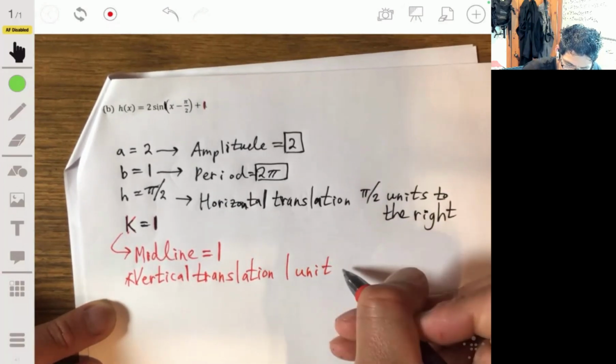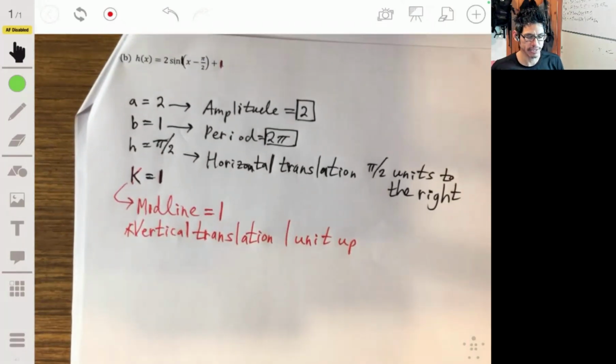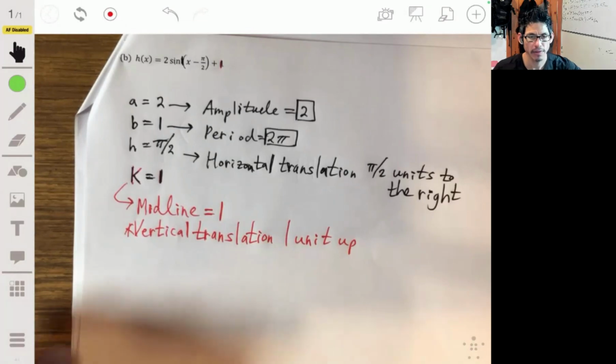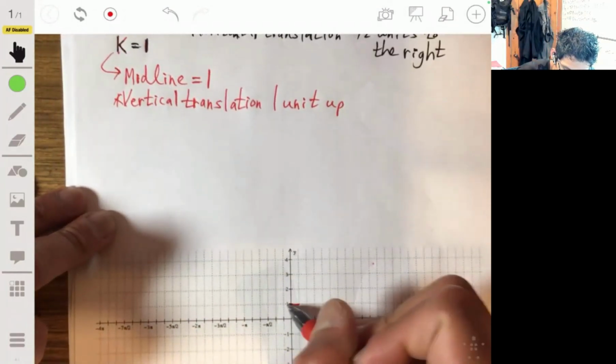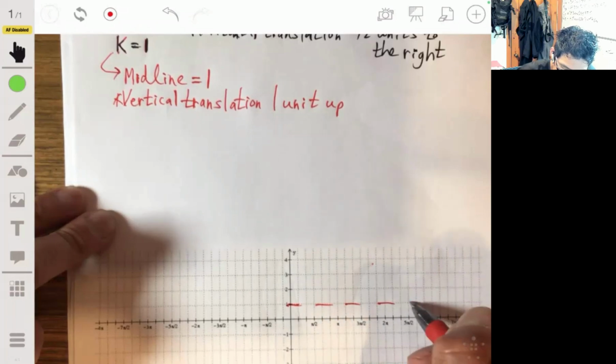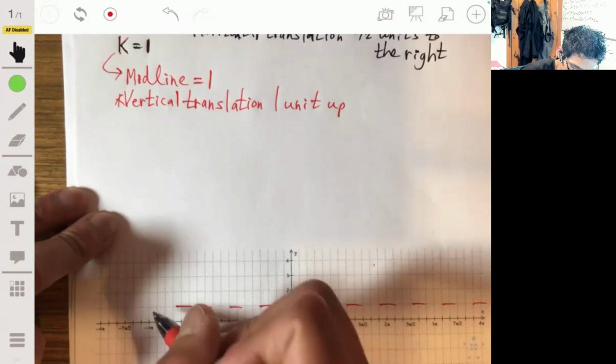All right, let's get into the graph. I advise drawing the midline first, especially when you're not going to be plugging in values. It's a good way to base your graph off of.